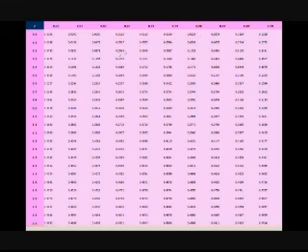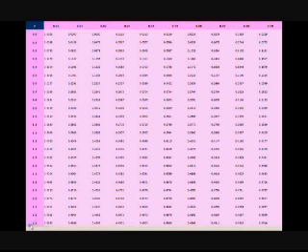So from here, we find 0.4917, and we get here 0.4916, the closest number to 0.4917. So for the value of z, we look at the row to the left, that is 2.3, and up here it is 0.09.